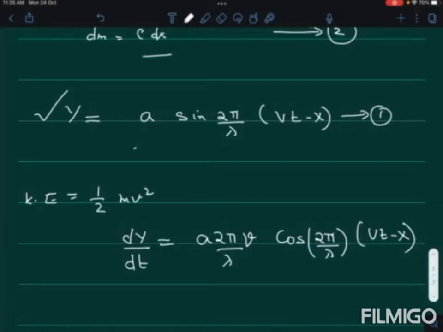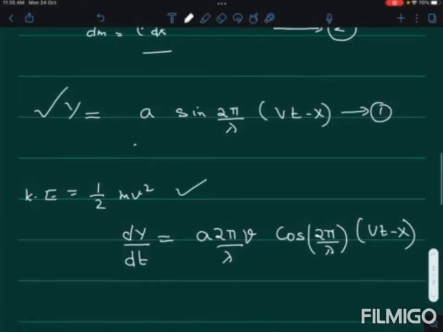So now we can find the kinetic energy. This gives equation number 3.